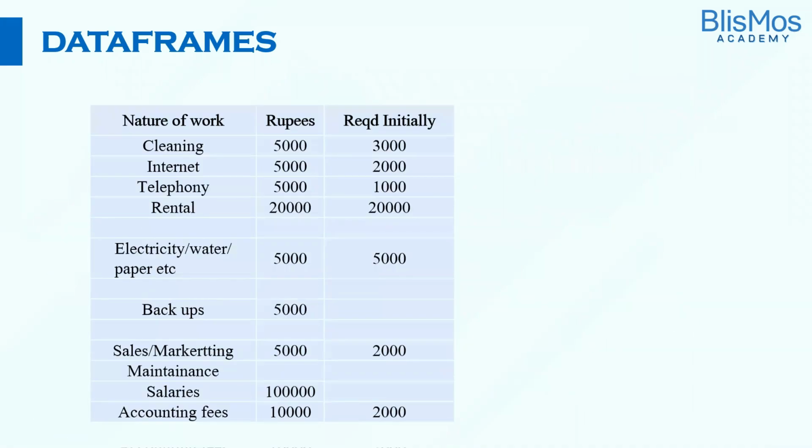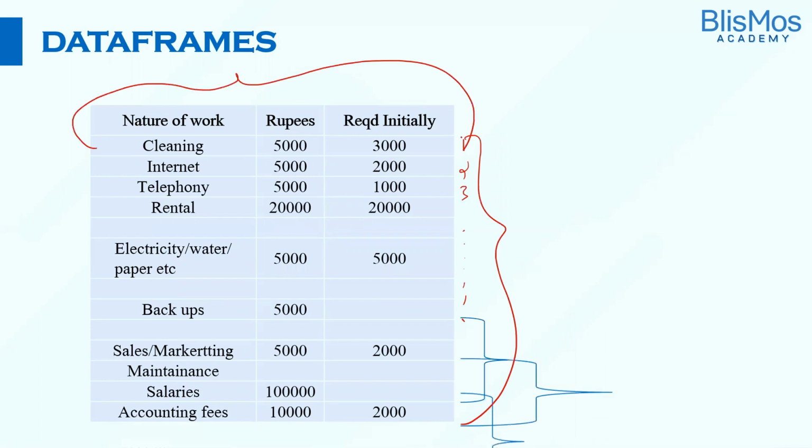Now we already understood a data frame is nothing but a table like structure, and it's a collection of rows. If you see, we have 1, 2, 3, so many rows. So it's a collection of rows and columns.